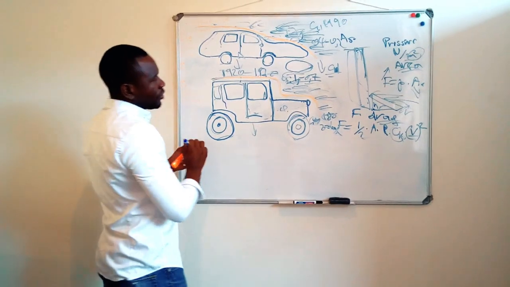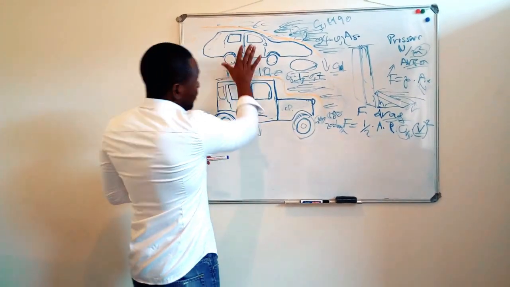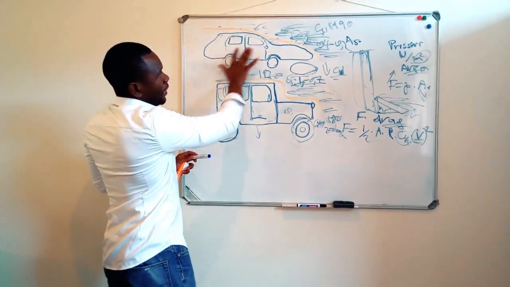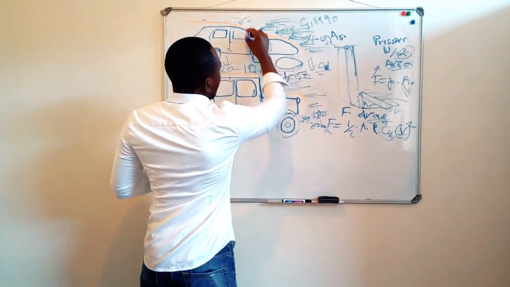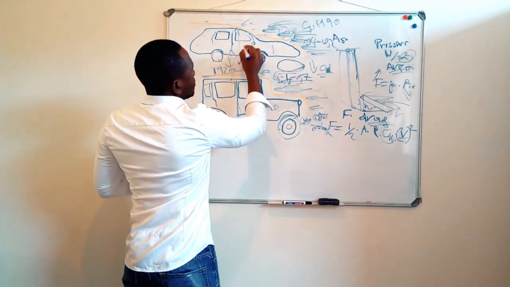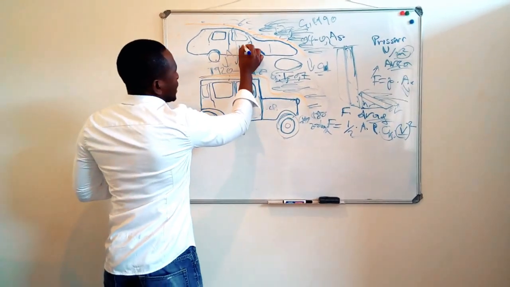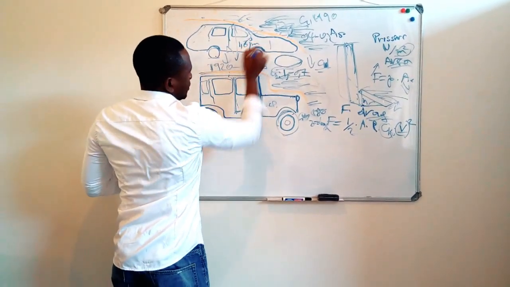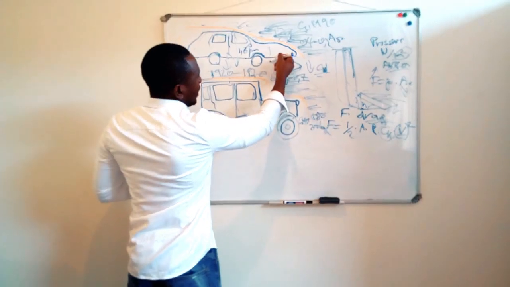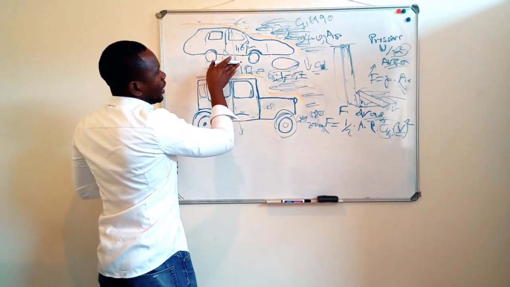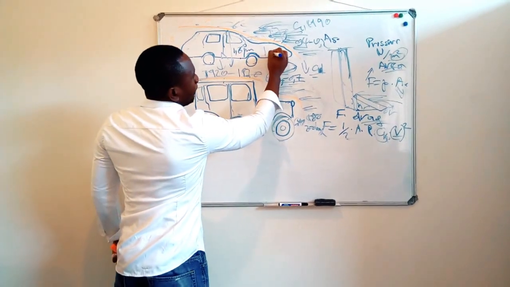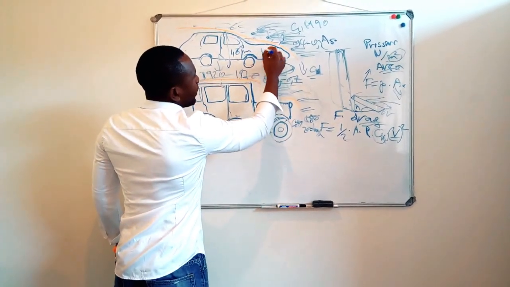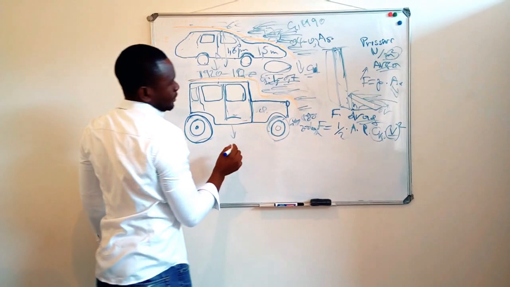If I consider the first example here, our height is 1.6 meters and our tangential length is 1.5 meters.